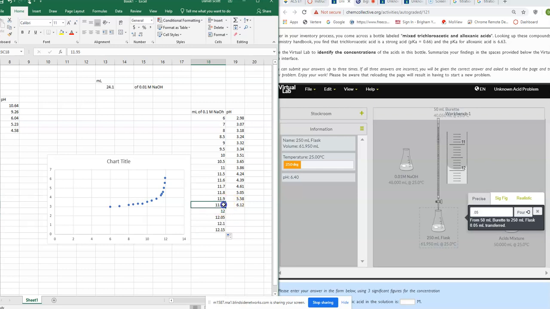Oh no, I got off somehow. So 11.950 is 6.4. This one here was in between 11.9 and .95.